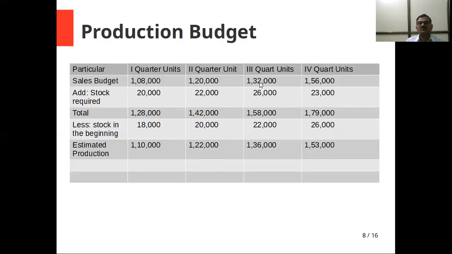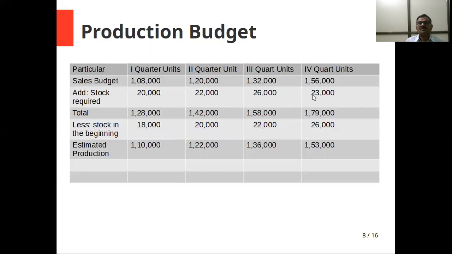Then 1,32,000 plus 26,000 equals 1,58,000 less closing stock. The opening stock of the last quarter becomes the closing stock of the next quarter. This 22,000 is the opening stock, and it will become the closing stock. 1,58,000 minus 22,000 is 1,36,000.